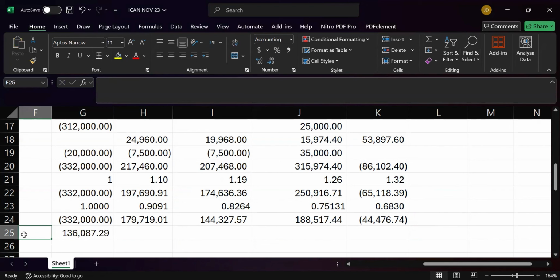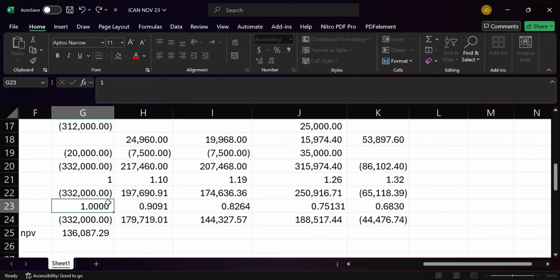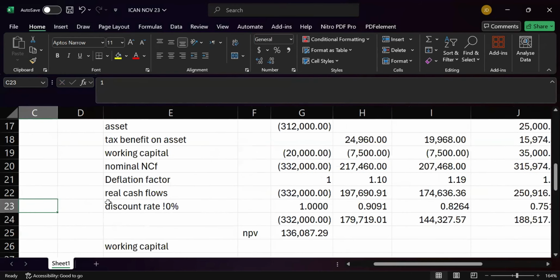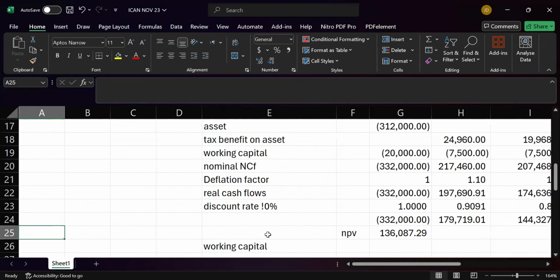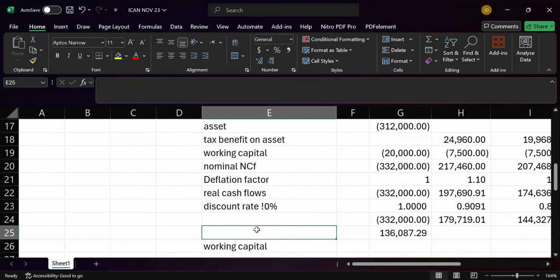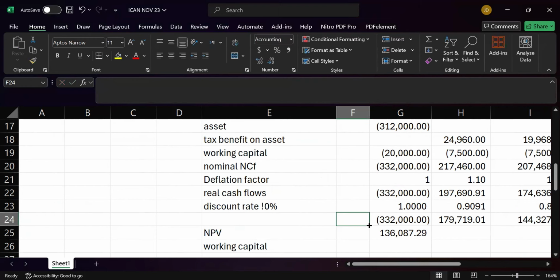So the NPV. So this is the net present value.